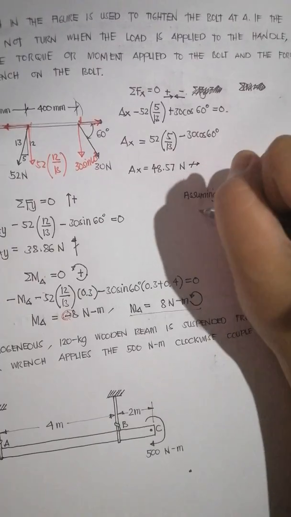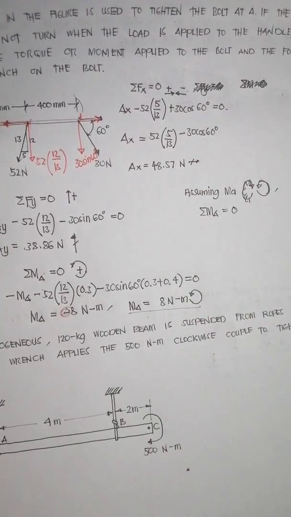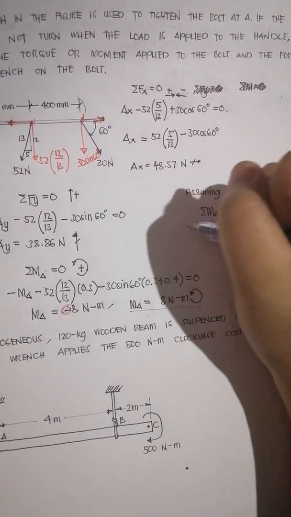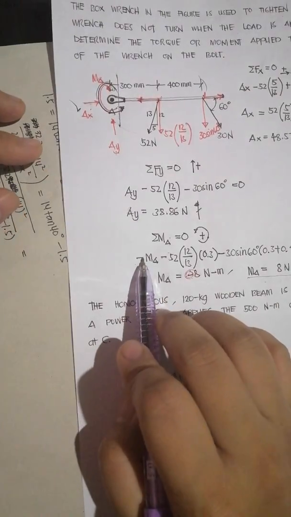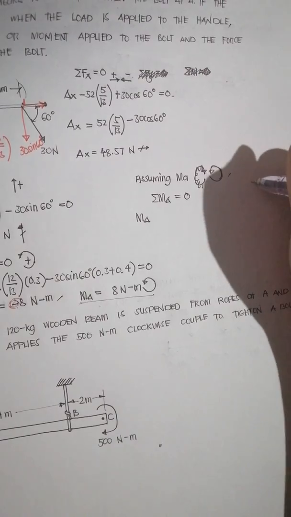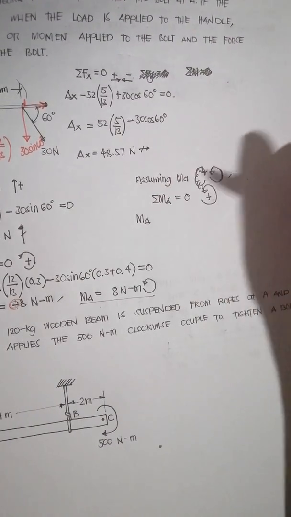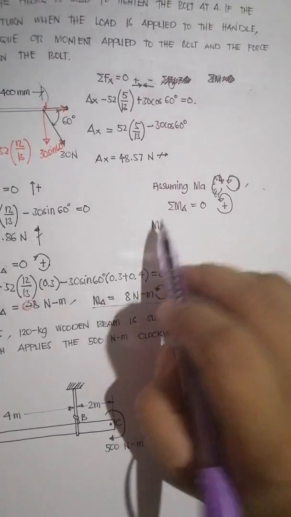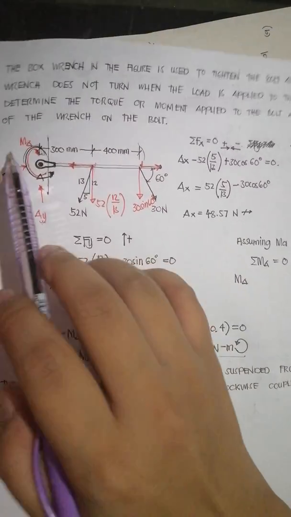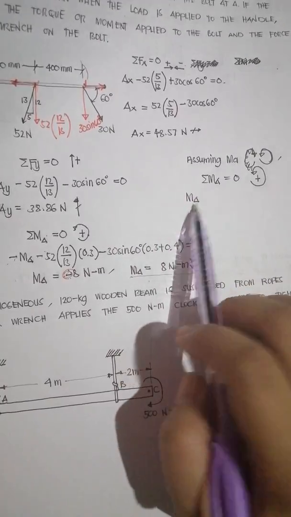What will happen in the equation is that we write MA as already positive, unlike here that we wrote it as a negative value, referring to the sign convention that positive is counterclockwise. Since our initial assumption is counterclockwise, we write positive MA.